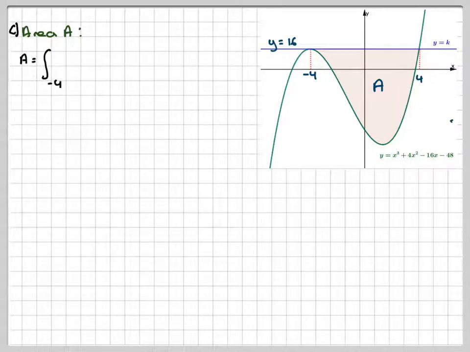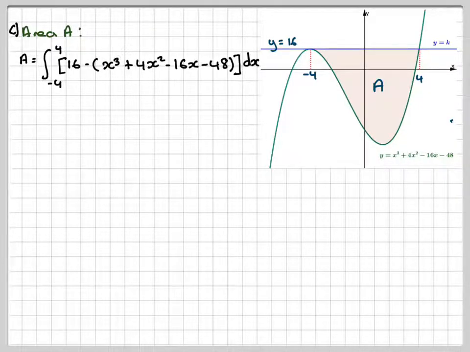So, because we're doing the area between two curves, we want the integral from minus 4, the starting point, to the end point, which is 4, of 16, minus, and we need to make sure we put this into brackets, x squared plus 4x squared minus 16 minus 48 dx.